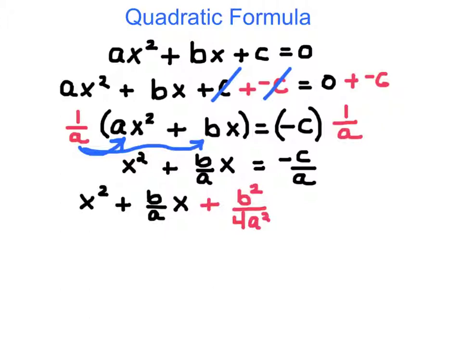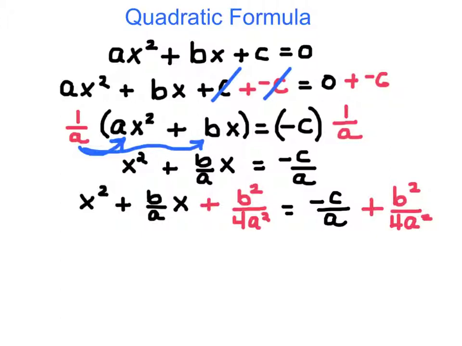And you see I've just added this to the left-hand side. So in order to keep this balanced, I have to add the b squared over 4a squared also to the right-hand side.